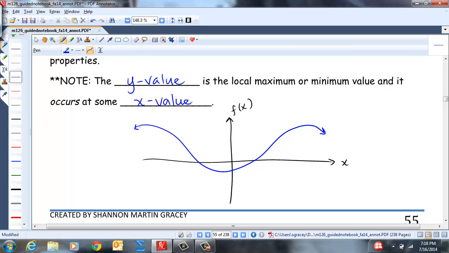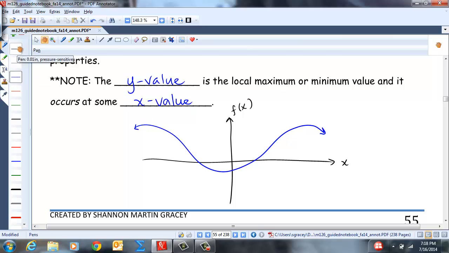Okay? So, stop me when you think that there would be a local max or min. Okay, ready? Good, you got it. That right there would be a local maximum.